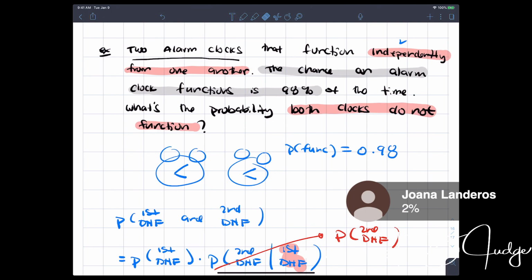Okay? This is an important detail. So the chance a clock works is 0.98 because it's 98% of the time. Okay? So just because a clock can function or not function, don't say 1/2. Don't say 50%.